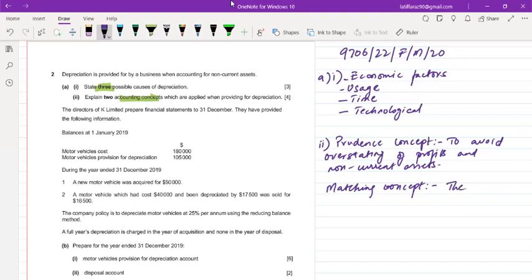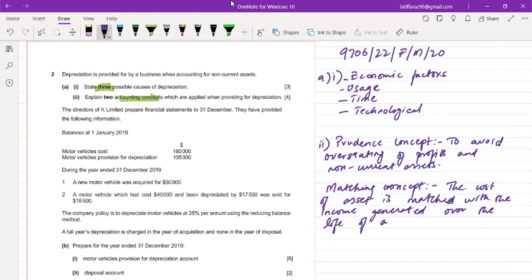It says that the cost of the asset is matched with the income generated over the life of the asset.